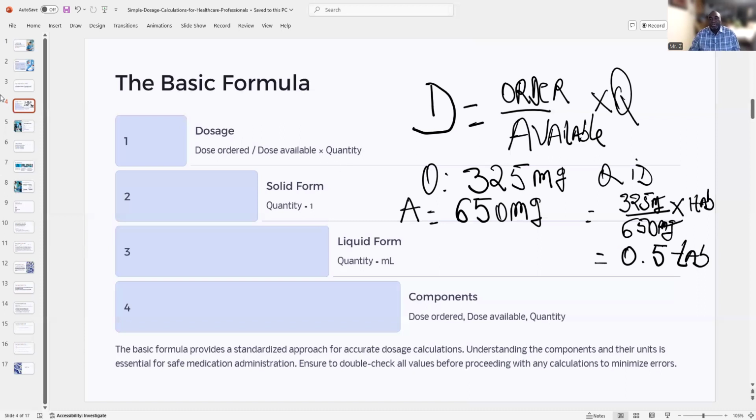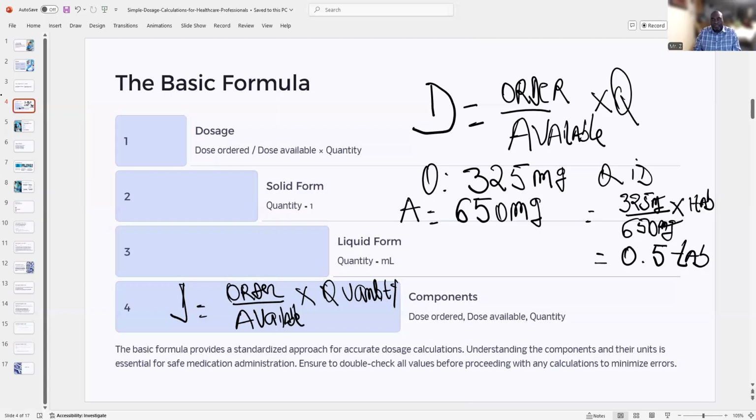So remember, your simple dosage calculation formula is dosage equals order divided by what is available, multiplied by quantity. Anytime you're dealing with a liquid form of medication, your quantity is going to be expressed in milliliters.